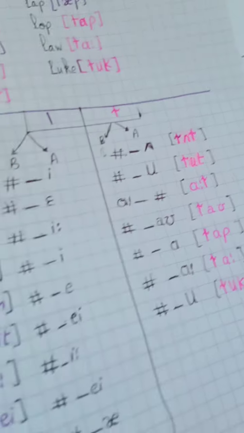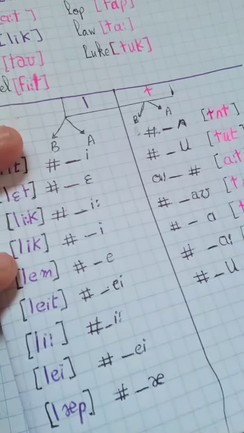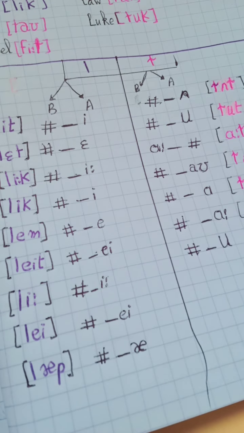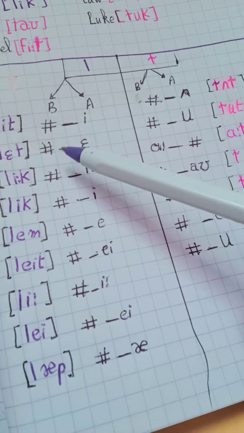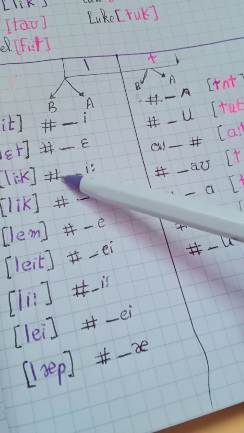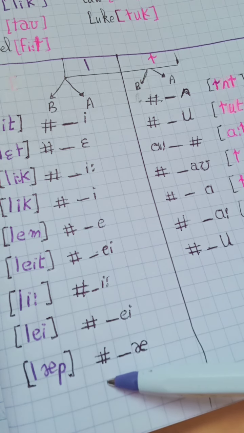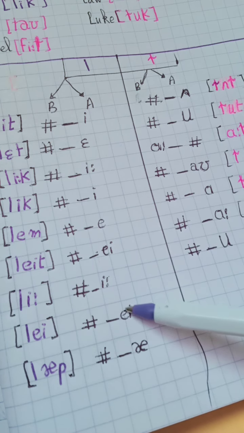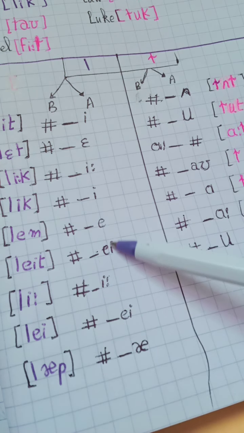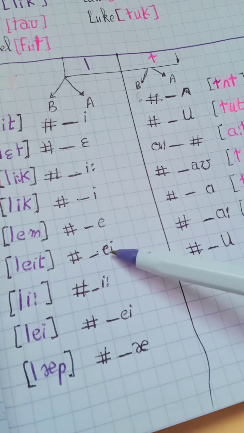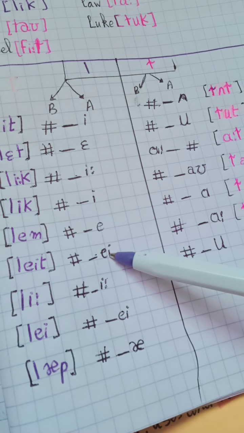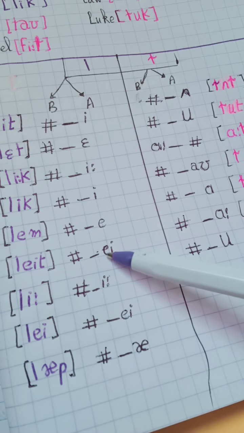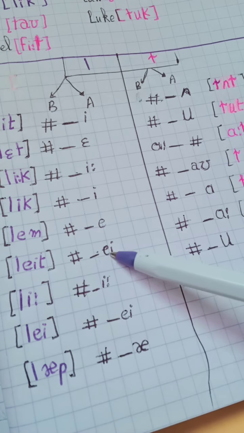Okay, now let's compare those environments. How can we find the difference? Concerning the light L, we find that it always occurs at the beginning of the words and before a front vowel. Here you find only front vowels or this diphthong, which is constituted by two front vowels.